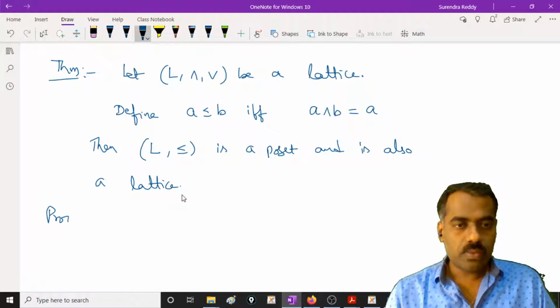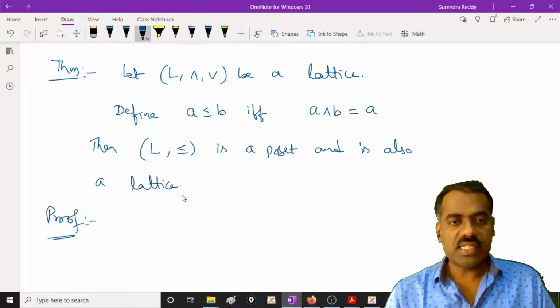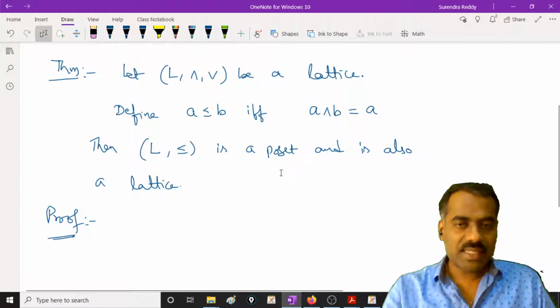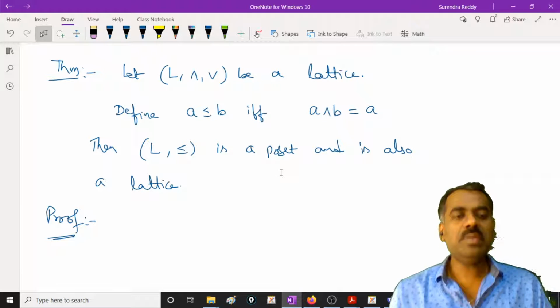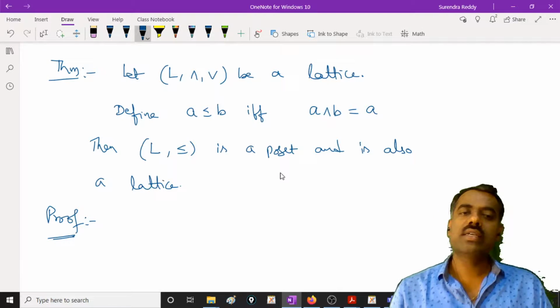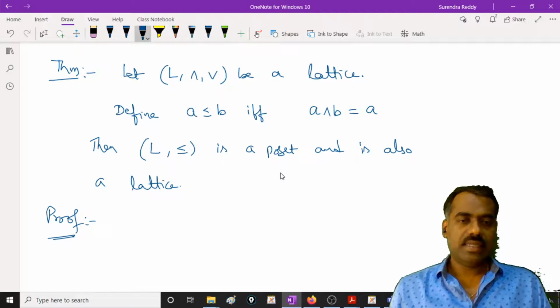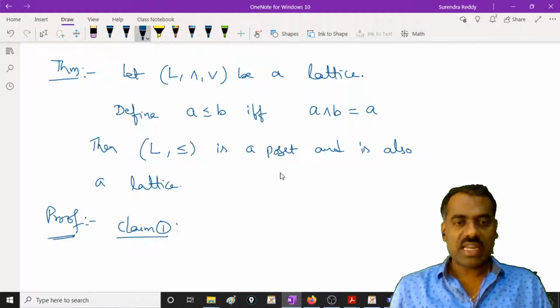So the proof: you can easily prove that it is a poset. What is meant by showing that something is a poset? We will prove this as two claims. The first claim is that it is a poset.